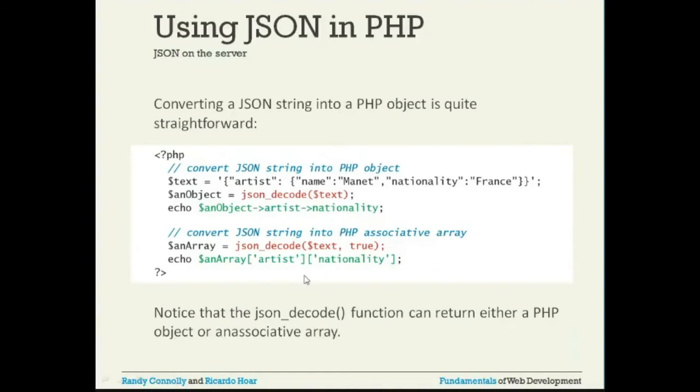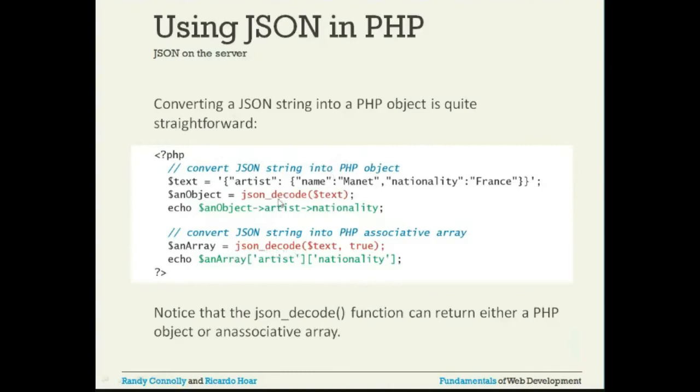Now, in PHP, we can either convert the text in JSON format into a PHP object, or we can convert it into an associative array. How to convert it into an associative array? Convert JSON string into PHP associative array. $arr, this is the variable, is equal to json_decode.